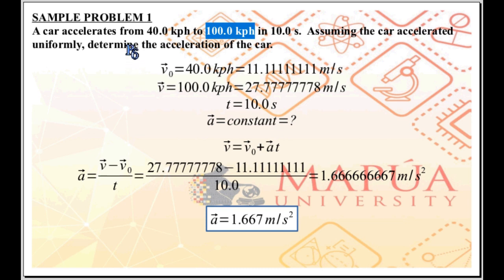Now, the problem does not provide any directions, so we are free to assume the direction for the motion of the object. For simplicity, let's assume that the car is moving along the x-axis towards the positive x direction. So that means initial velocity v naught is positive 40 kph.